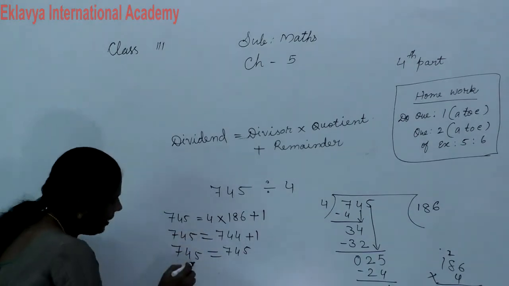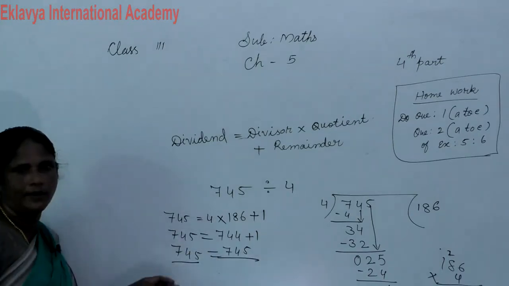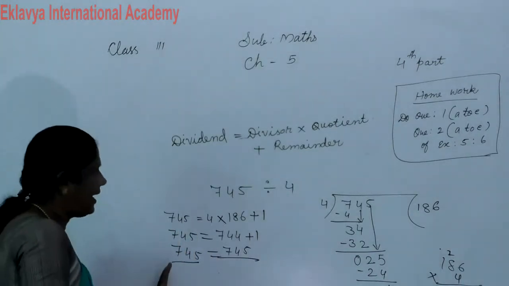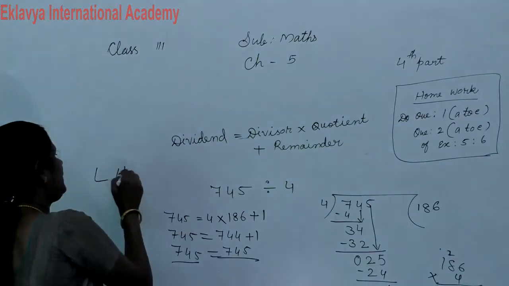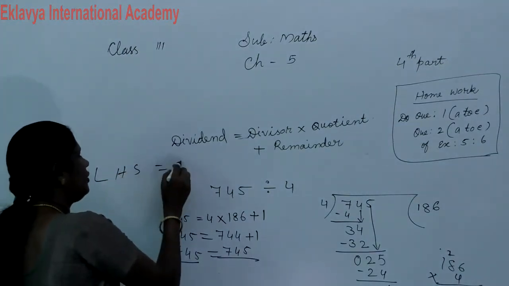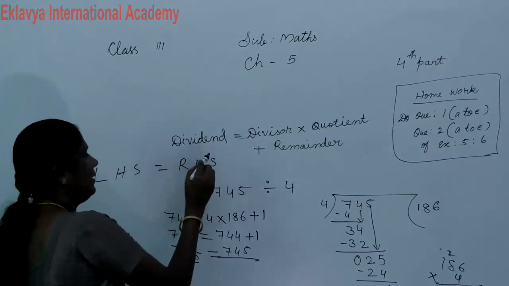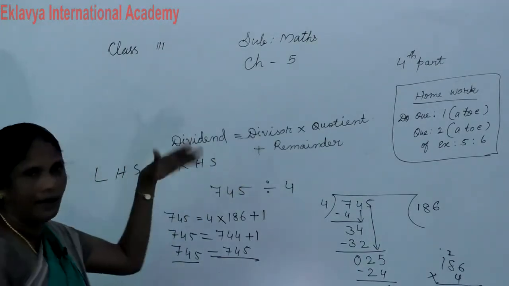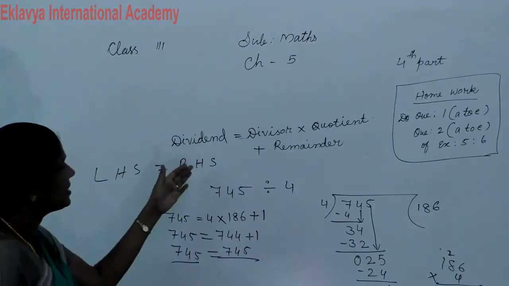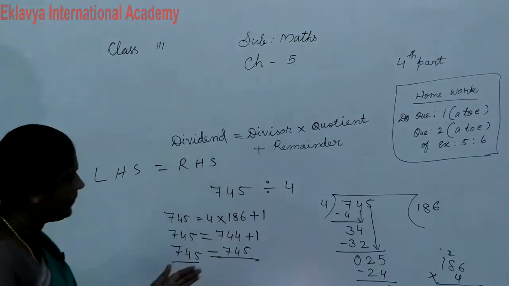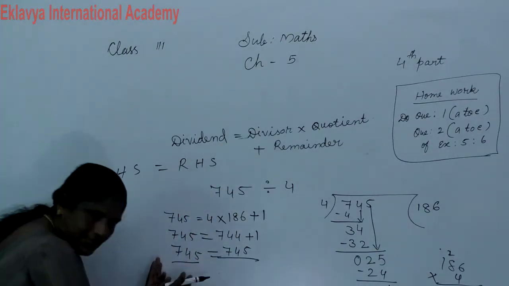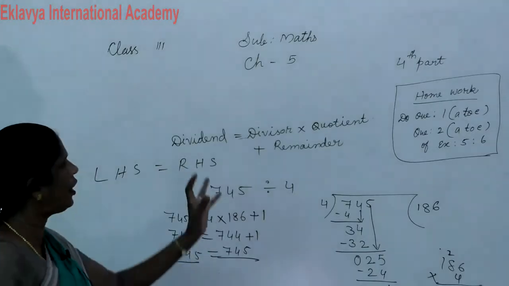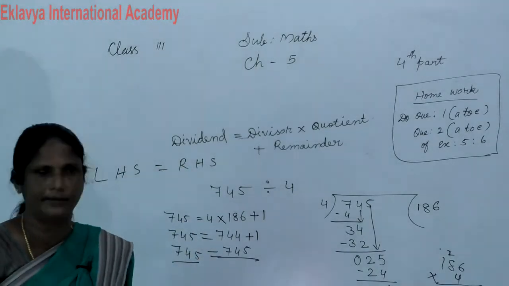Then both numbers are same. In higher class you study LHS, left hand side, is equal to RHS, that is right hand side. You study that in 6th, 7th, 8th class. Then both LHS and RHS are equal. Therefore, our answer is correct.